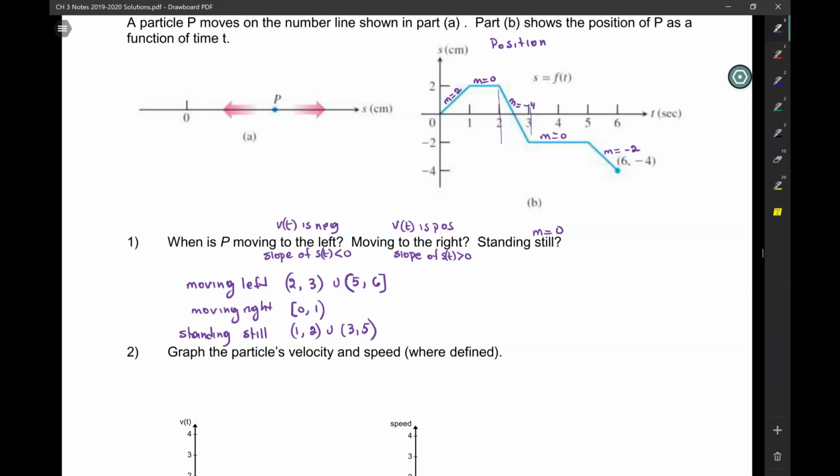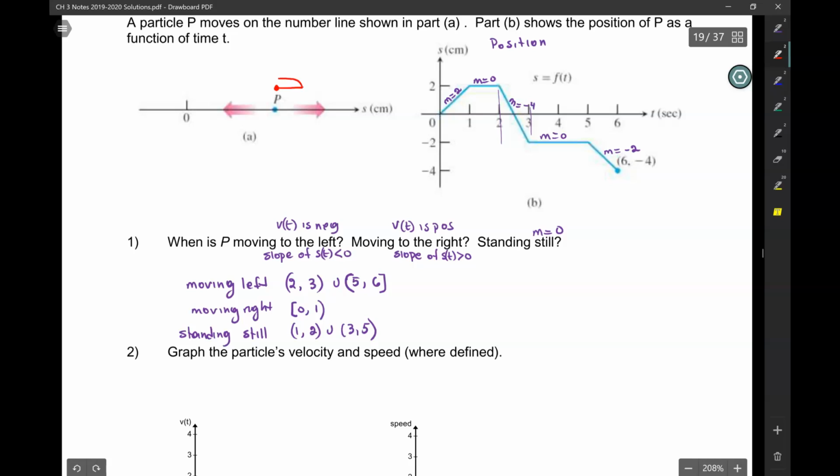Now we don't have too much information about this, but some of the things we could guess, right? When t is 0, s is 0. So it starts here. And then which way does it move, to the left or right? To the right. And then it's standing still, and then it moves to the left. At t equals 2.5, it's at 0 again.